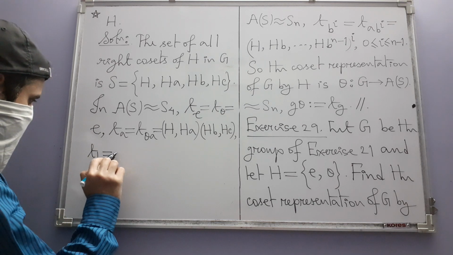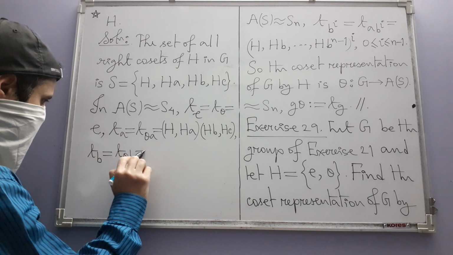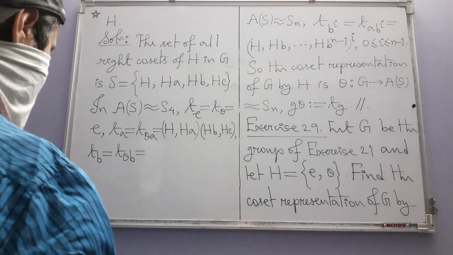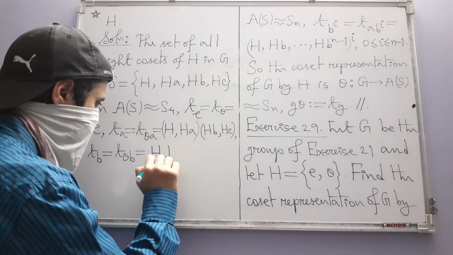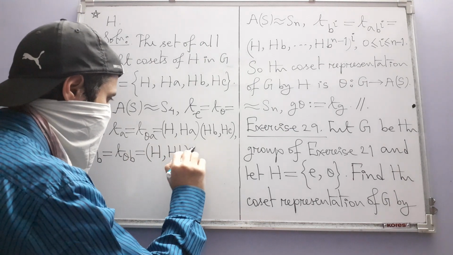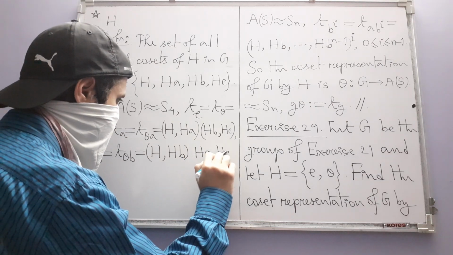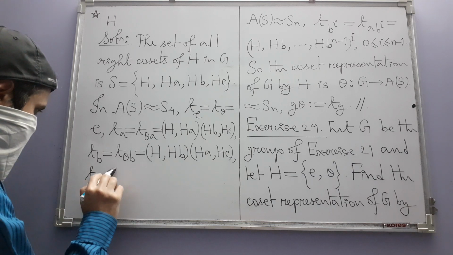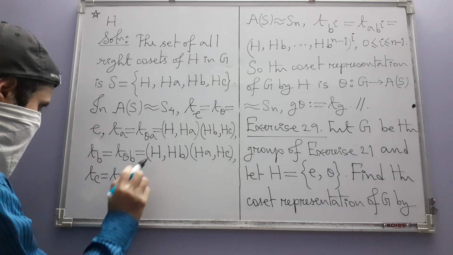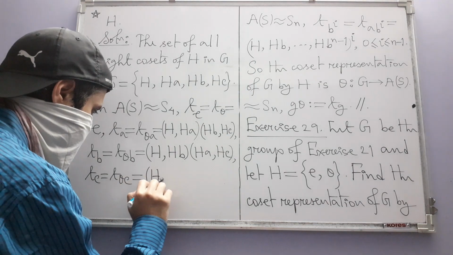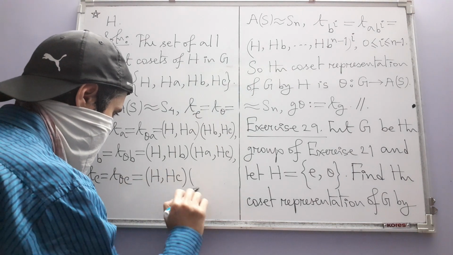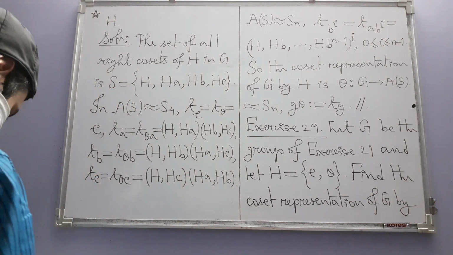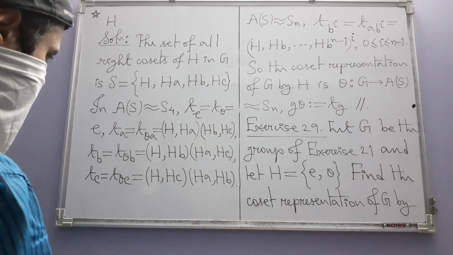Then TB turns out to be the same as T theta B, and this one also maintaining the symmetry is just, yes, H, HB, HA, HC, and finally TC. Let me just simply write it, mimicking these things, and then let me verify if it's correct. Yes, of course.